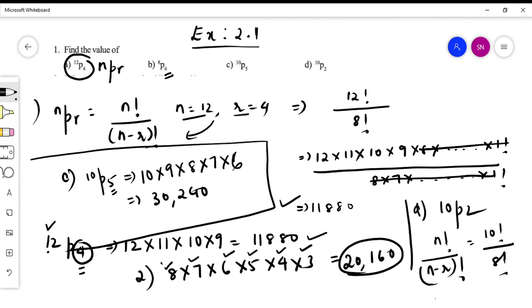So if I write this, I will get this as 10 into 9 into 8 into dot dot dot 1 factorial divided by 8 into 7 into dot dot dot 1 factorial. So 8 I will cancel, 8 I will cancel. So 9 into 10 is going to be 90.